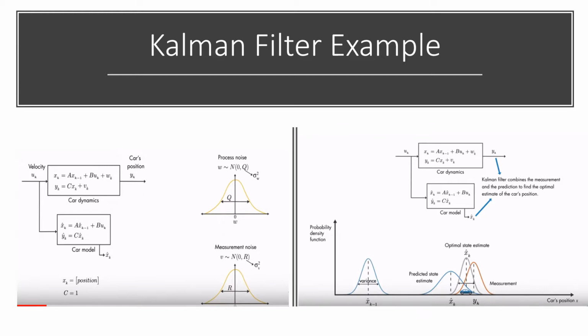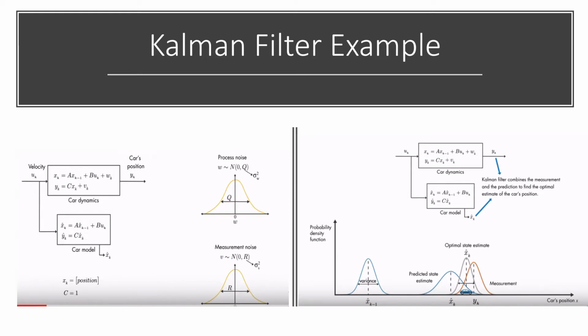From this graph, we can show what our car dynamics is for a single state system. This shows our process and measurement noises are Gaussian distributions, with covariances sigma W and sigma V. So what the Kalman filter does is compute an optimal estimate of the car's position with the minimal variance.